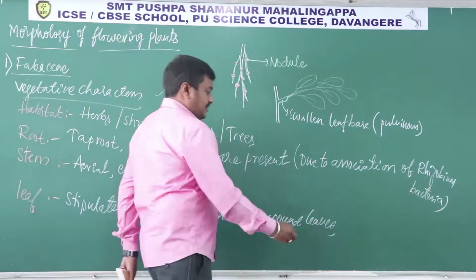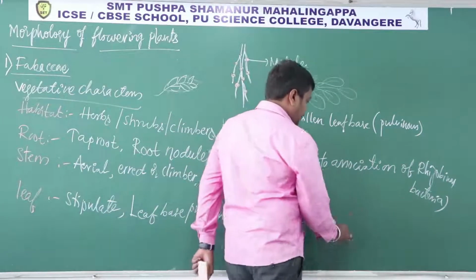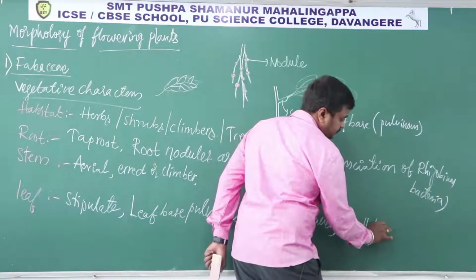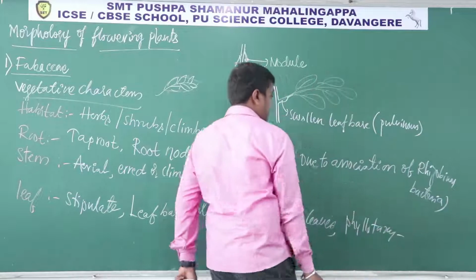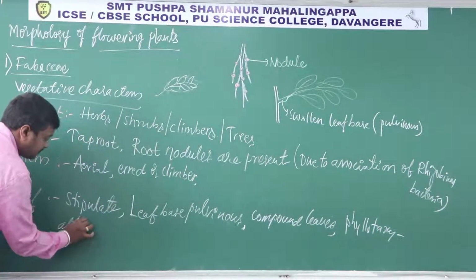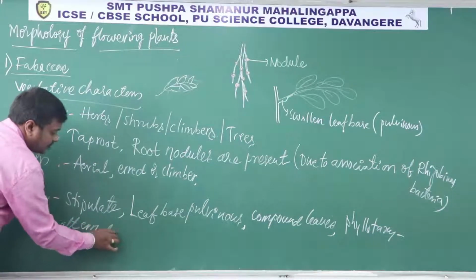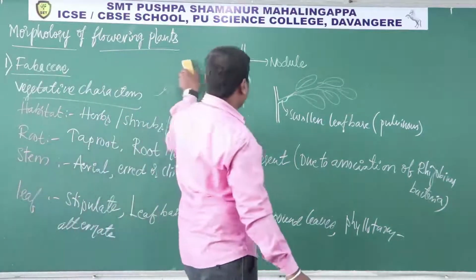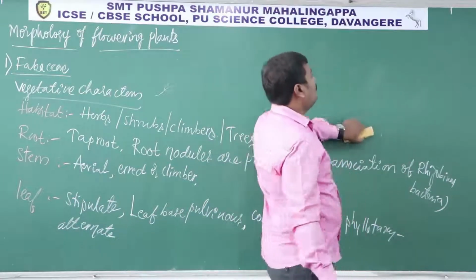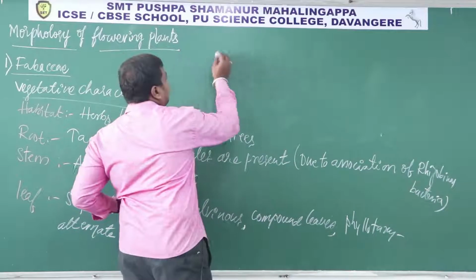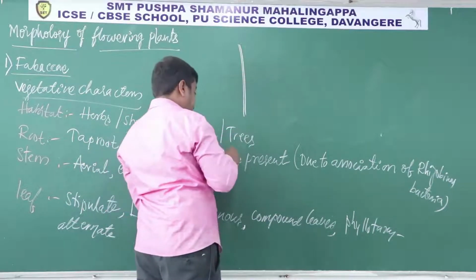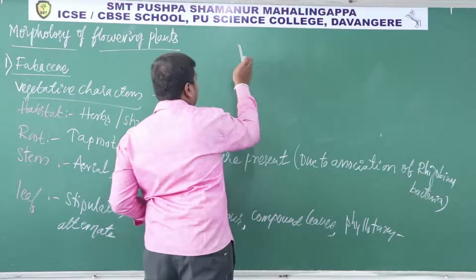Okay, and what about the phyllotaxy? So phyllotaxy is alternate. So alternate phyllotaxy ಅಂತಂದ್ರೆ each node produces only one leaf. Okay, suppose this is the stem, and here are the nodes.